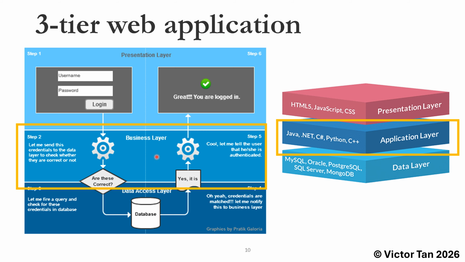Okay, so this is your server-side business layer, or the back end. You can see there are a variety of languages and frameworks that we can use to implement this, which we'll talk about in a bit more detail in the later portion of this lecture.